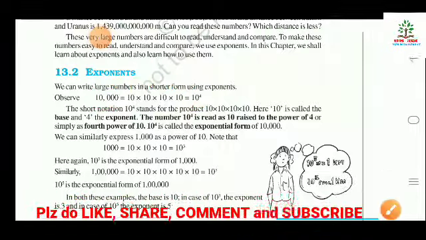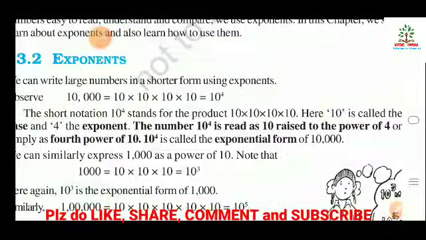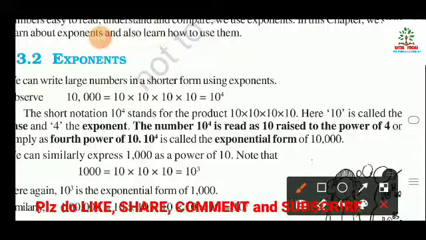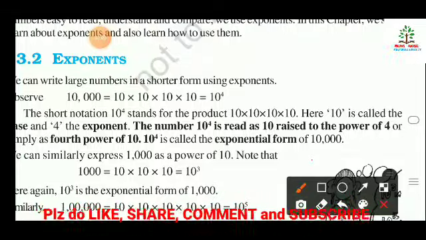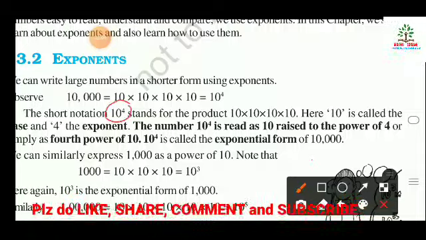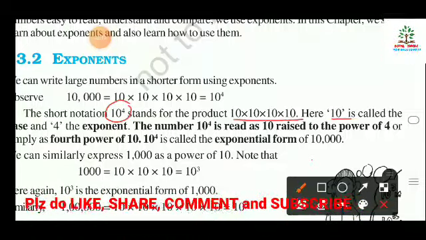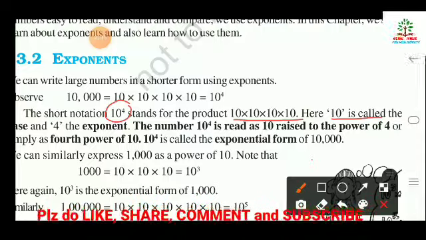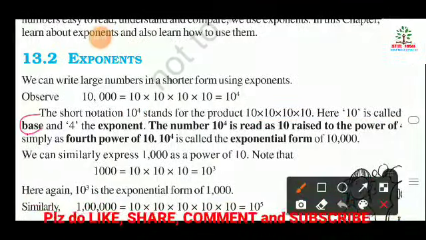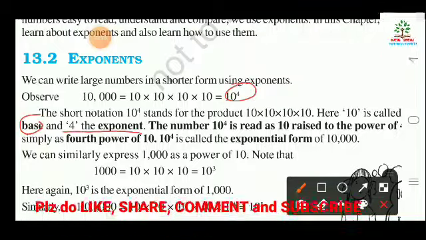The short notation 10 raised to the power 4 stands for the product 10 into 10 into 10 into 10. Here 10 is called the base, and 4 is called the exponent, meaning the power we are writing here.